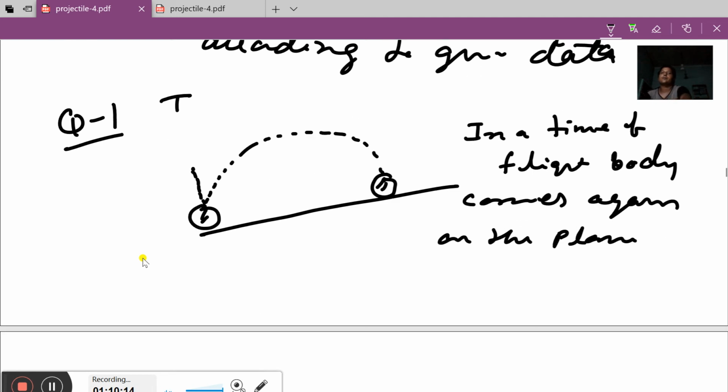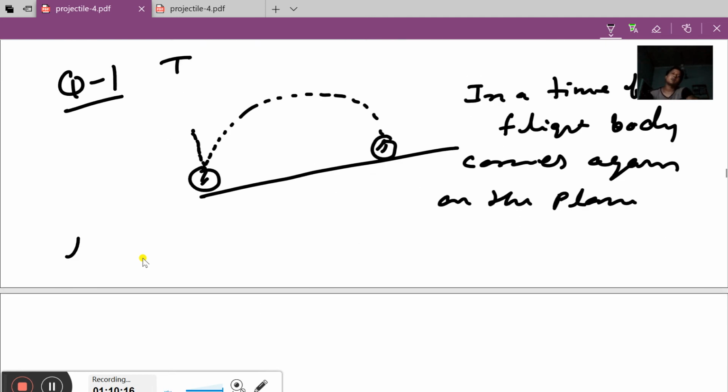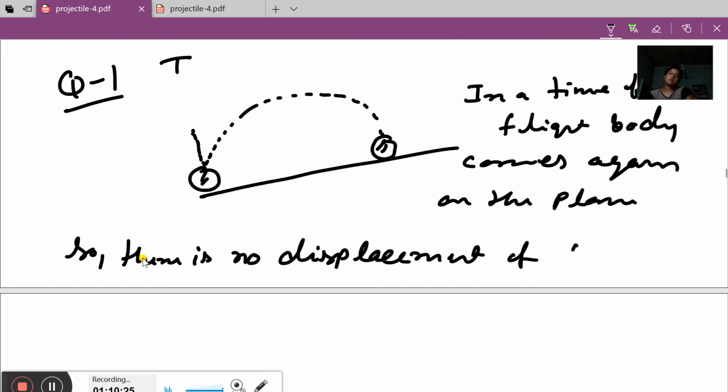So there is no displacement of the body away from the plane.